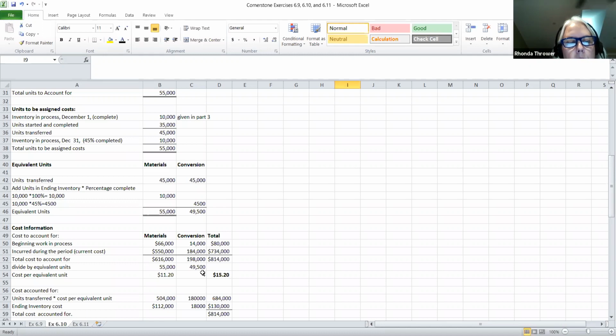Now, what your problem asks you for in Cengage is the total cost, which is a combination of your materials cost plus your conversion cost. These two added together are $15.20.